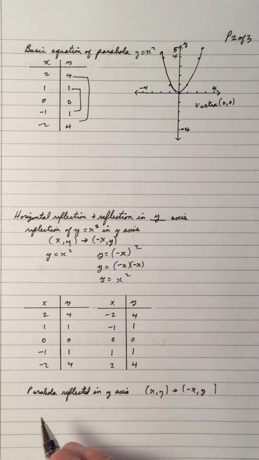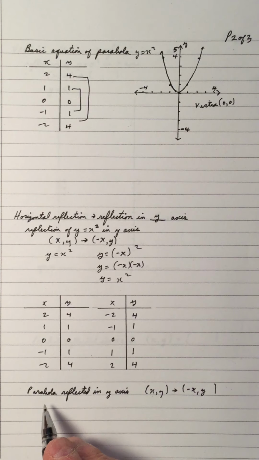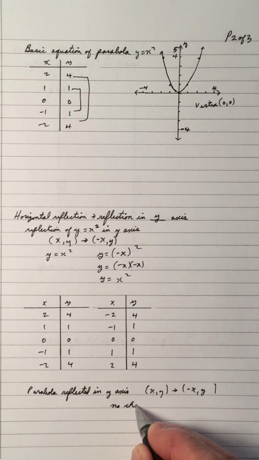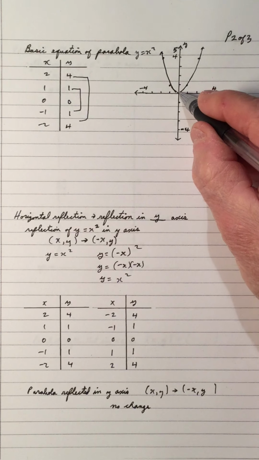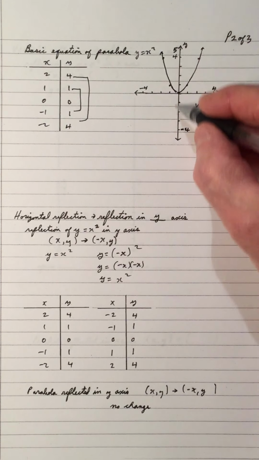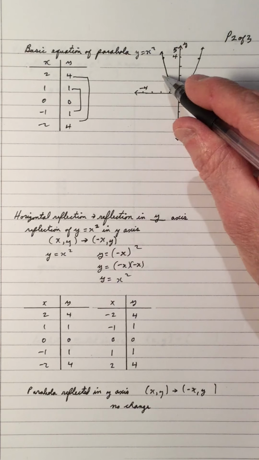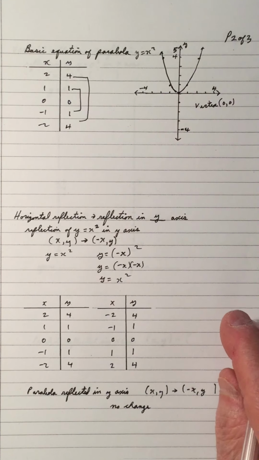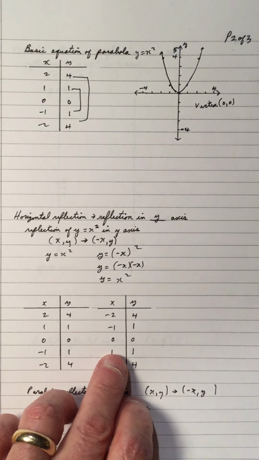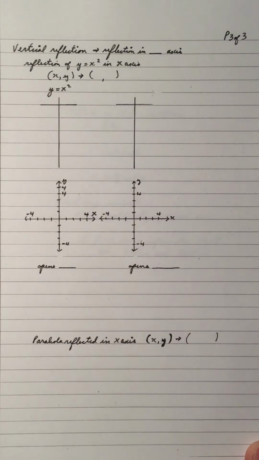The ordered pairs stay the same, the graph stays the same, the vertex is still 0, 0. The axis of symmetry down through the middle that splits it into two symmetrical parts is the y-axis. So reflecting a parabola in the y-axis, there's no change.